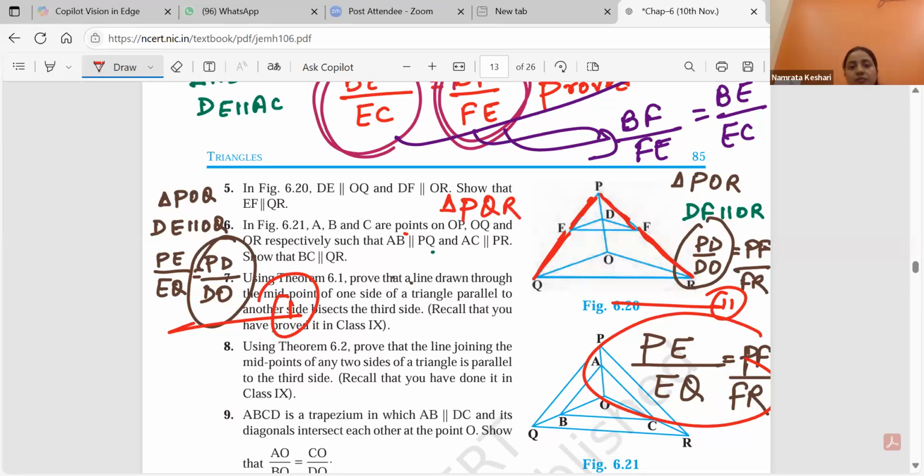Yes or no? In complete triangle PQR, see carefully. If the ratio is the same, then does it look like that we can say in triangle PQR, if the ratio is the same, then EF must be parallel to QR? Yes or no? By converse of basic proportionality theorem, can you see that?